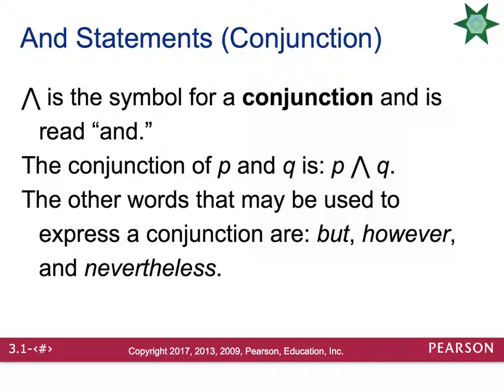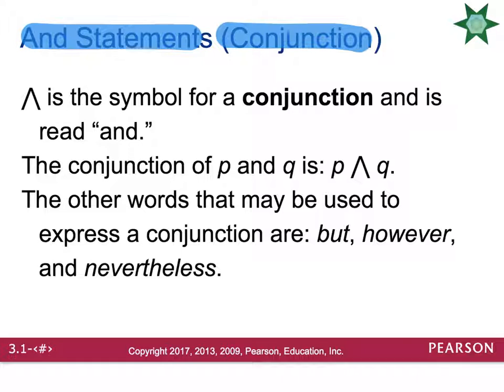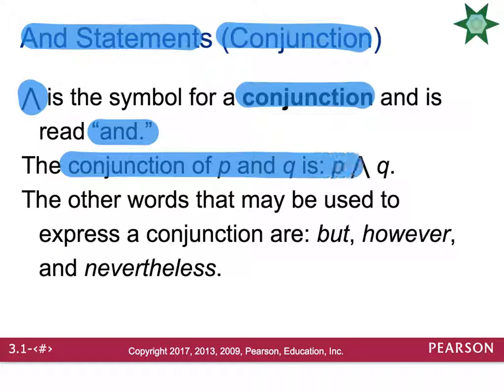Okay, our and statement is called a conjunction. We use a symbol that looks like an upside down V. That's the symbol for conjunction, and we read that as and. Now that's very similar to where we took the intersection of sets, so we'll look at parallels with that. So we can say the conjunction of P and Q is P and Q. So when we see that upside down V, we say and.